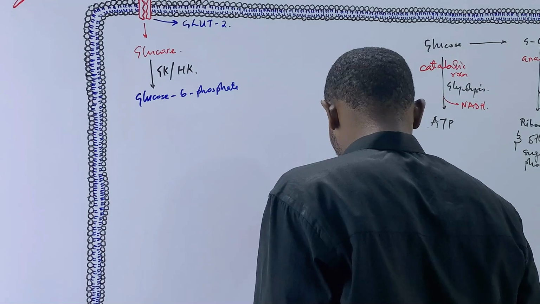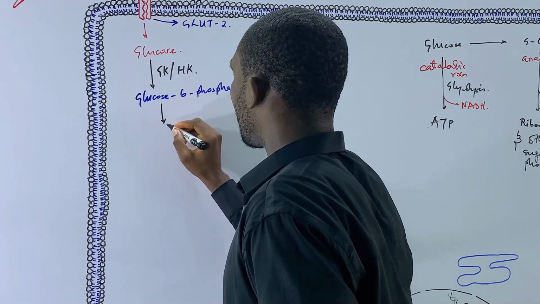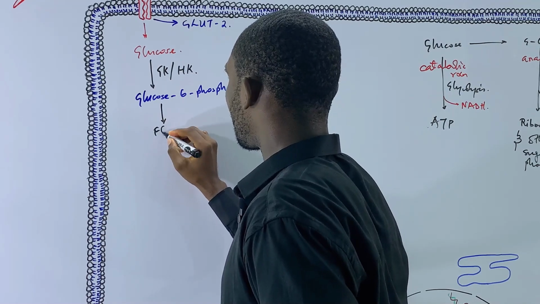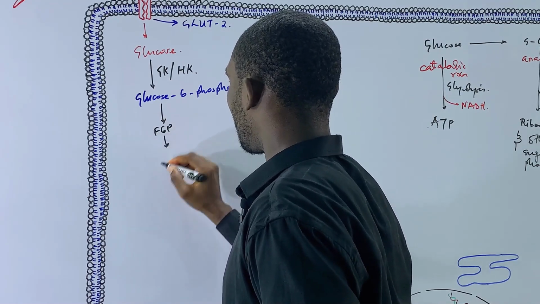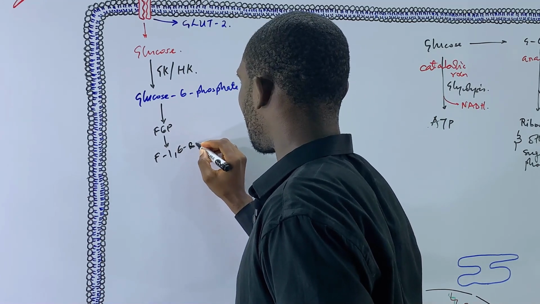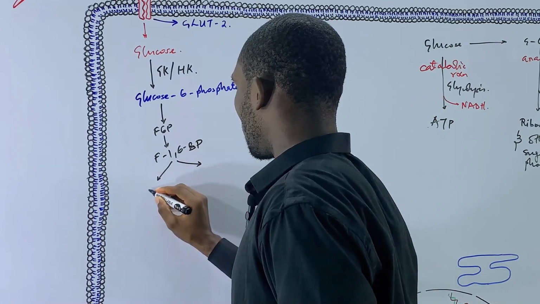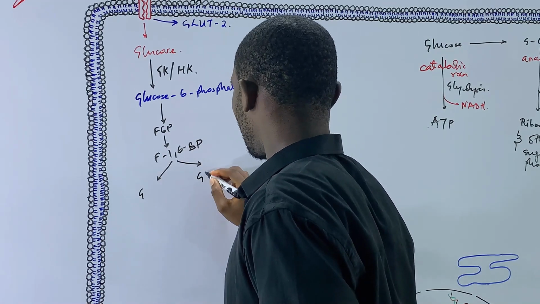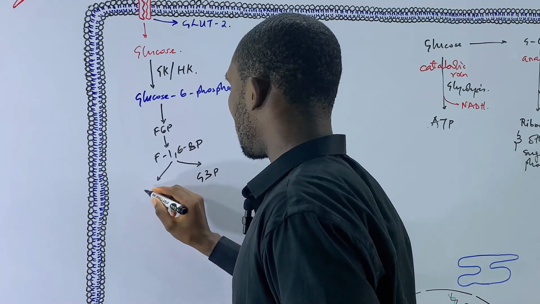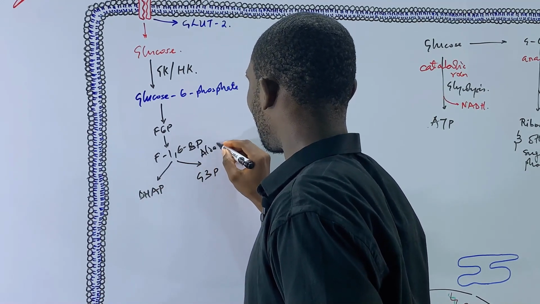Now, a rundown of glycolysis: the glucose 6-phosphate is converted to fructose 6-phosphate, and then fructose 6-phosphate to fructose 1,6-bisphosphate, which is now converted to glyceraldehyde 3-phosphate and dihydroacetone phosphate by the enzyme known as what?